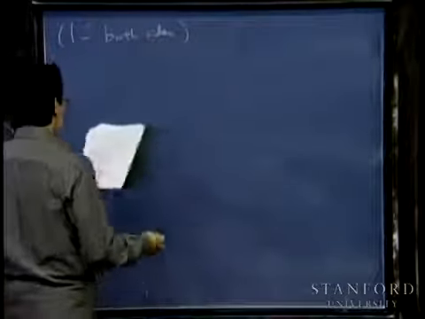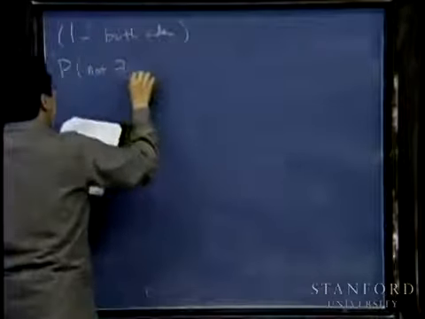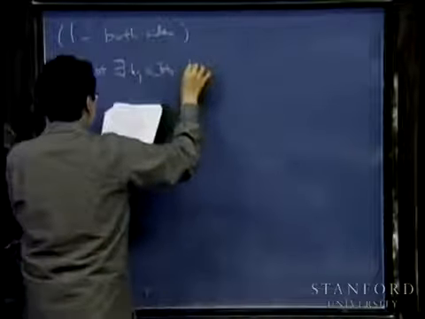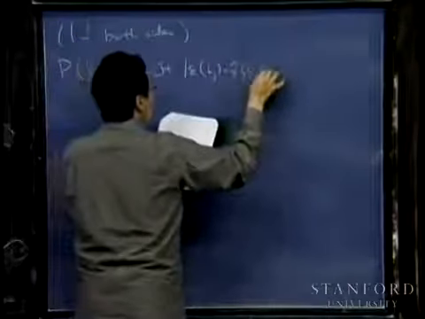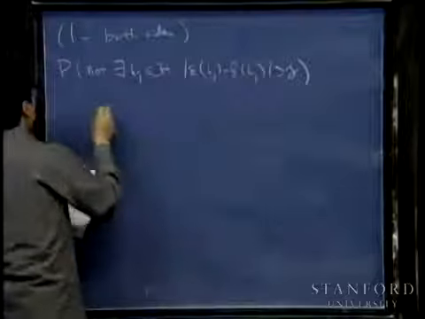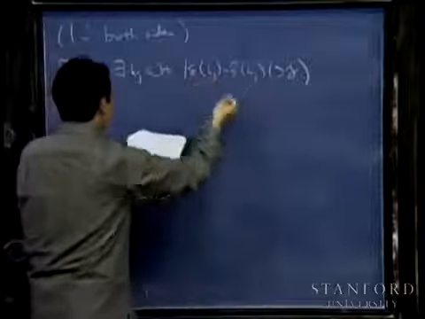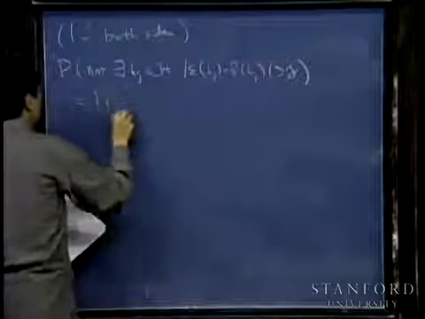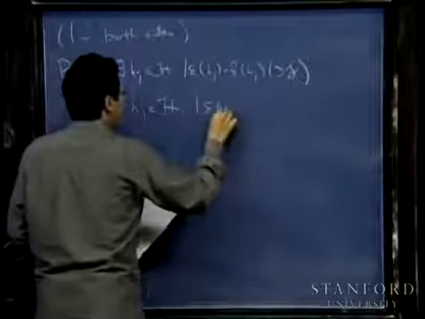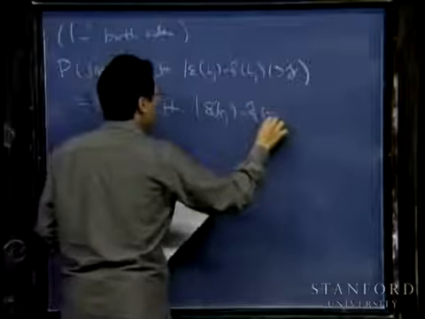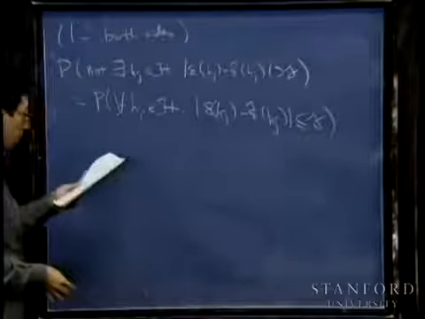So the probability that there does not exist a hypothesis on which I make a large error in this estimate is equal to the probability that for all hypotheses I make a small error, or at most gamma, in my estimate of generalization error.